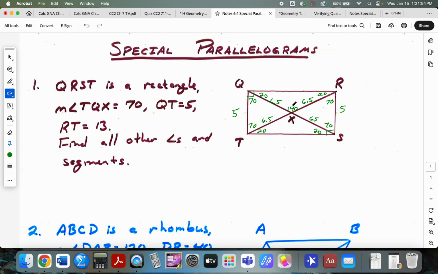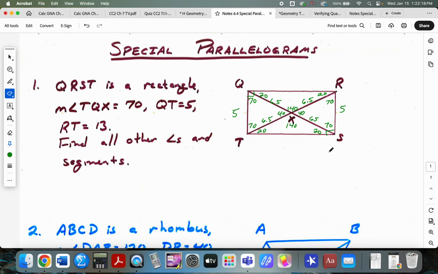Remember that the exterior angle is equal to the sum of the two remote interiors. So this is 140 also. And then 20 plus 20 is 40. So these angles are both 40.